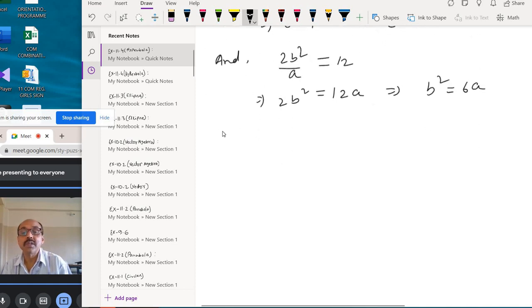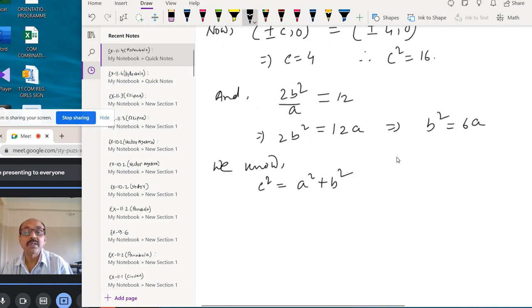Now use the relation we know: c square equal to a square plus b square, and c square is 16.